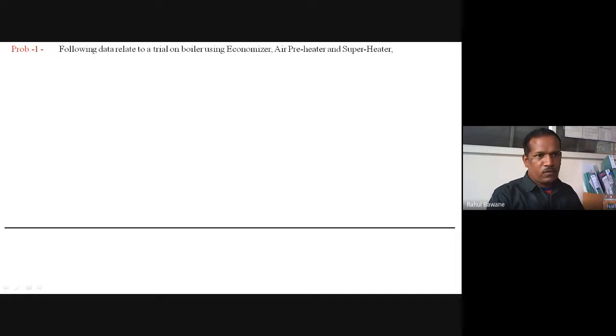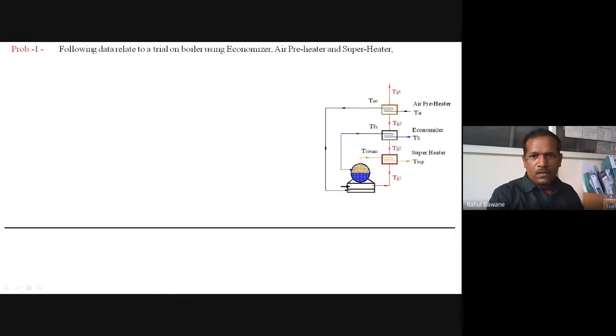Problem 1: the following data relate to a trial on a boiler using an economizer, air preheater and superheater. So all three devices are there, and this is a schematic. We know how the superheater, economizer and air preheater are arranged. Here for notation, T steam is the steam generated temperature, then TFI is the fluid temperature inlet to the economizer, TFO is the temperature of fluid outlet of the economizer, TAI, TAO.